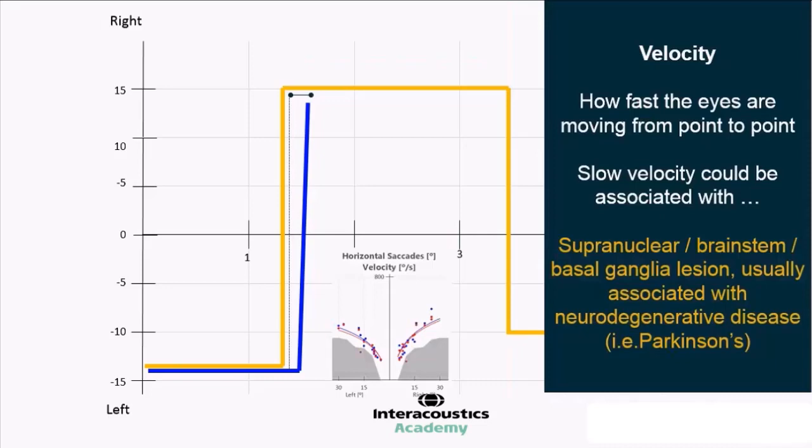And delays within velocity give us some indication within the central nervous system of looking at structures such as the supranuclear complex, the brainstem, again, basal ganglia, and are often associated with more neurodegenerative diseases such as Parkinson's or Huntington's or progressive supranuclear palsy, and even spinocerebellar degeneration.